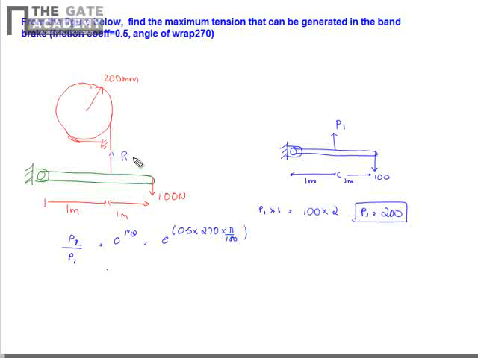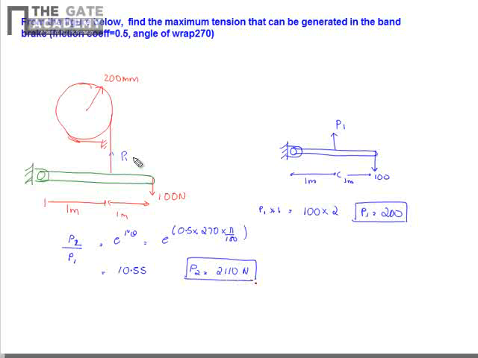So e power 0.5 into pi into 270 divided by 180 will be 10.55. P1 is already 200, so P2 will be this into 200. This will be 2110 newtons. So the maximum tension will be 2110 newtons.